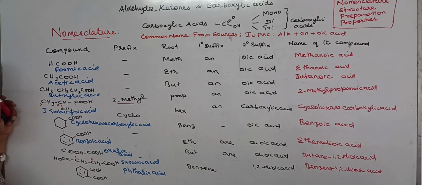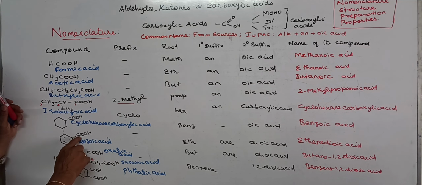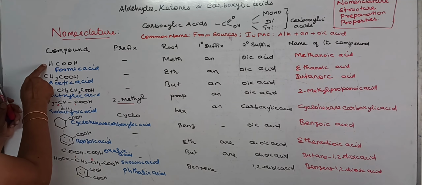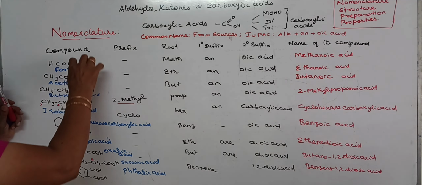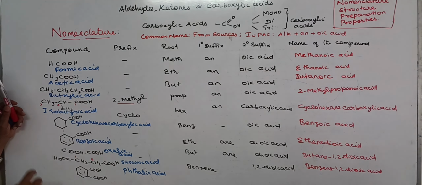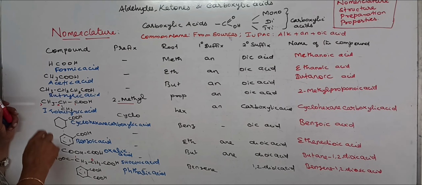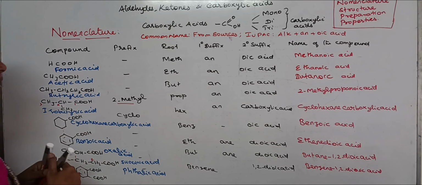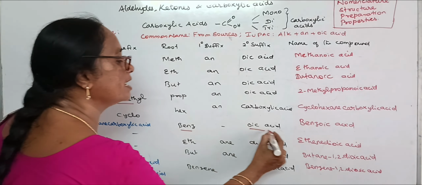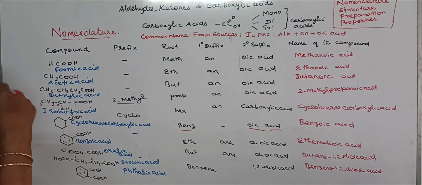And this is benzoic acid. It has one carbon, and a hydrogen is replaced by the phenyl group. Compared with formic acid, instead of one hydrogen a phenyl group is there, so we can say it is phenyl methanoic acid. But benzoic acid itself is taken as its IUPAC name.